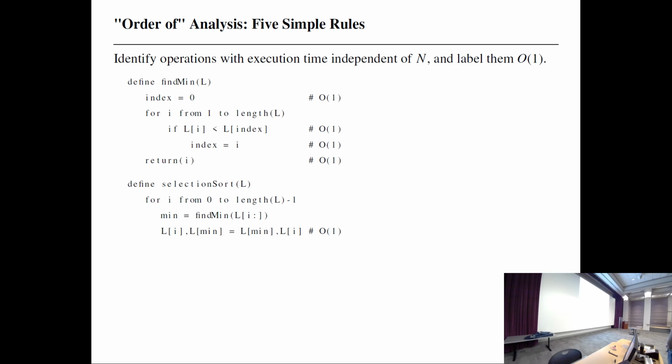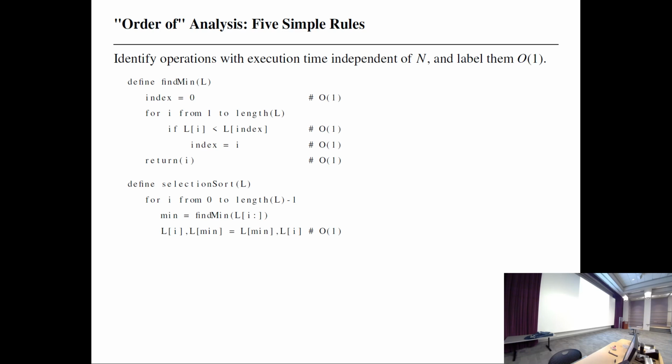So I'm going to label this order 1. And inside the loop, the condition and the index assignment here, these are both order 1 operations. And just for convenience, the return, which just simply returns from the function, that's a constant time operation. None of these operations here depend on the length of L.